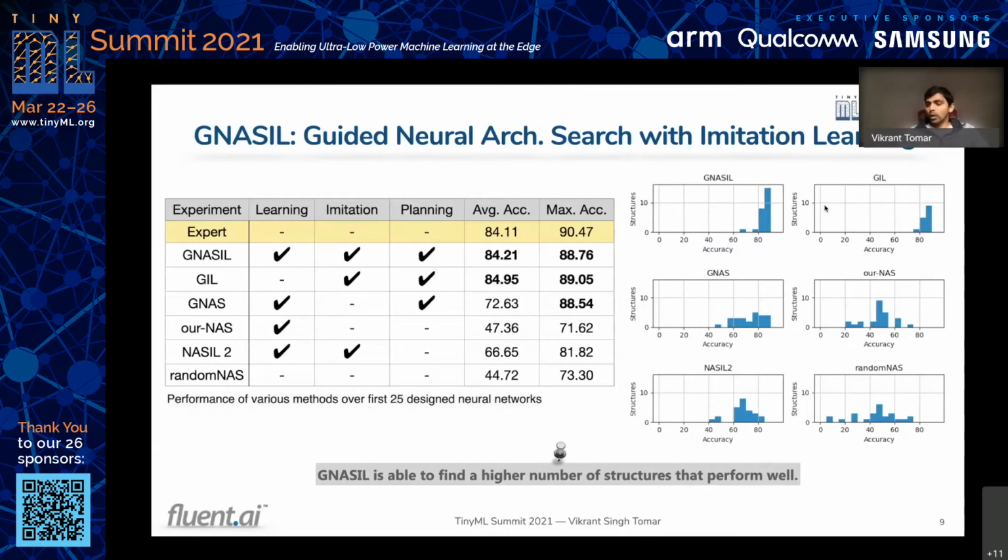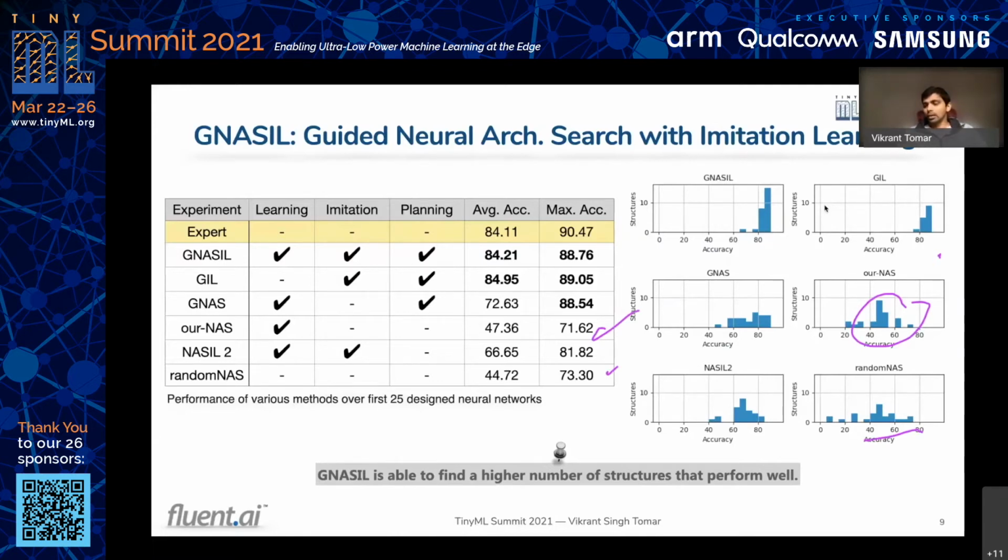Let's look at our NAS, which is our implementation of NAS. It includes learning, but there's no imitation or planning. You see that it did discover a number of architectures, but they were not very well performing, and most of them averaged around here between 40 to 60. Then similarly for random NAS, we see the same pattern, and this is also visible here by looking at our NAS and random NAS in these tables.